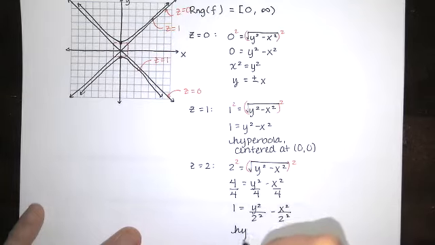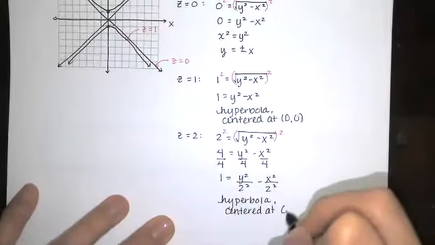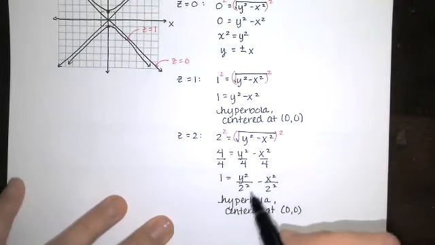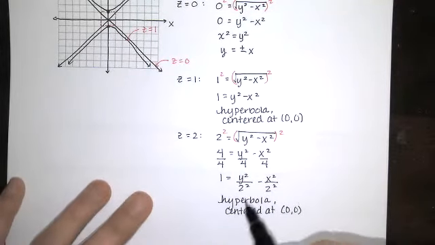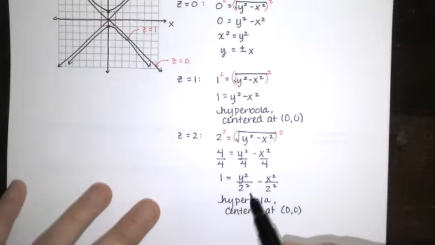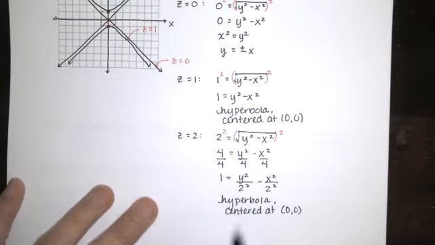So this is a hyperbola centered at the origin. Excuse me. And since we've got a 2 and a 2 under the x squared and the y squared, we're going to go plus and minus 2 units in the x and y direction from that center of 0, 0.